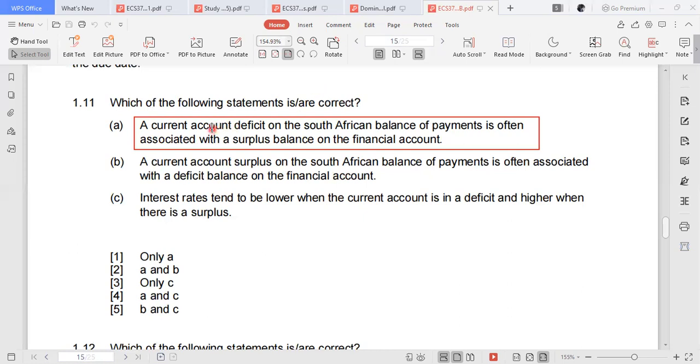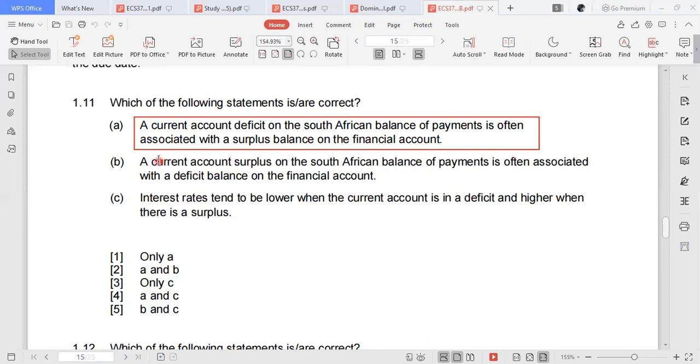So, with regard to the first option, a current account deficit on the South African balance of payments is often associated with a surplus balance on the financial account. Now we are looking at the context of South Africa. Do we have at first a current account deficit, which is then associated with a financial account surplus? That is what we need to take into account.